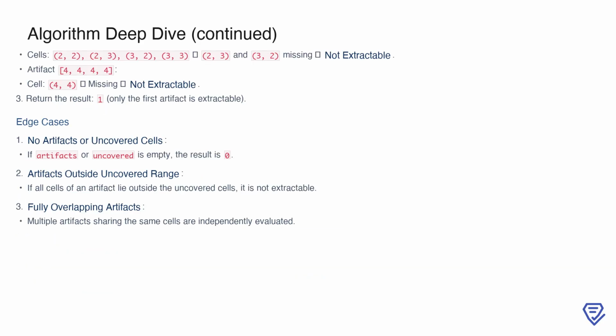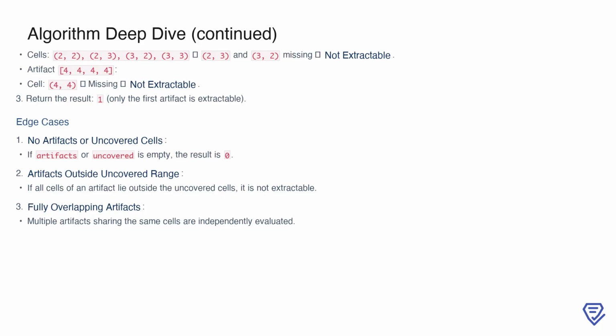For the first artifact, (0, 0, 1, 1), the cells it occupies are (0,0), (0,1), (1,0), and (1,1). All of these cells are in the uncovered set, so this artifact is extractable. The second artifact, (2, 2, 3, 3), occupies the cells (2,2), (2,3), (3,2), and (3,3).